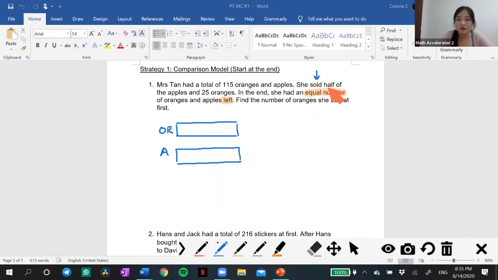So she sold half of the apples, and then she's left with this. So we have to add back the other half if we're working backwards for the apples. And then for the oranges, you give the oranges back by 25. And then at the very beginning, they had 115 in total.